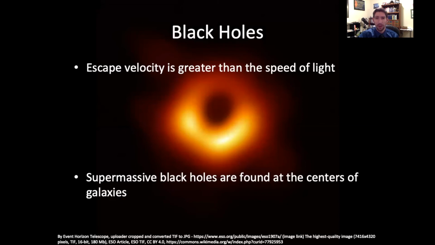Black holes are black because the escape velocity is greater than the speed of light, so not even light can escape from them. You might remember the equation for escape velocity, which we saw when we talked about rockets. Escape velocity, v escape, equals the square root of 2G, gravitational constant, times M, the mass of that central body, over r, its radius.